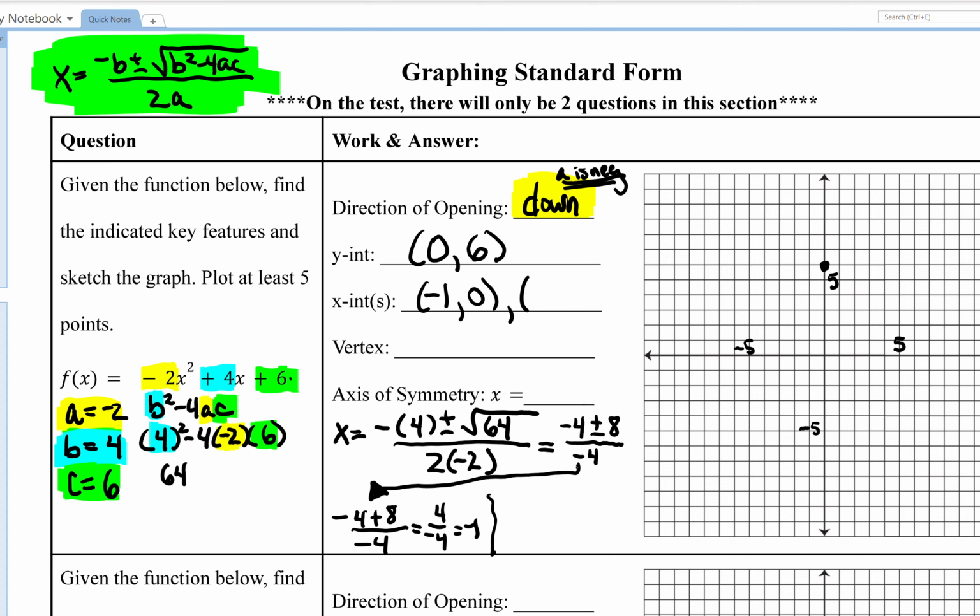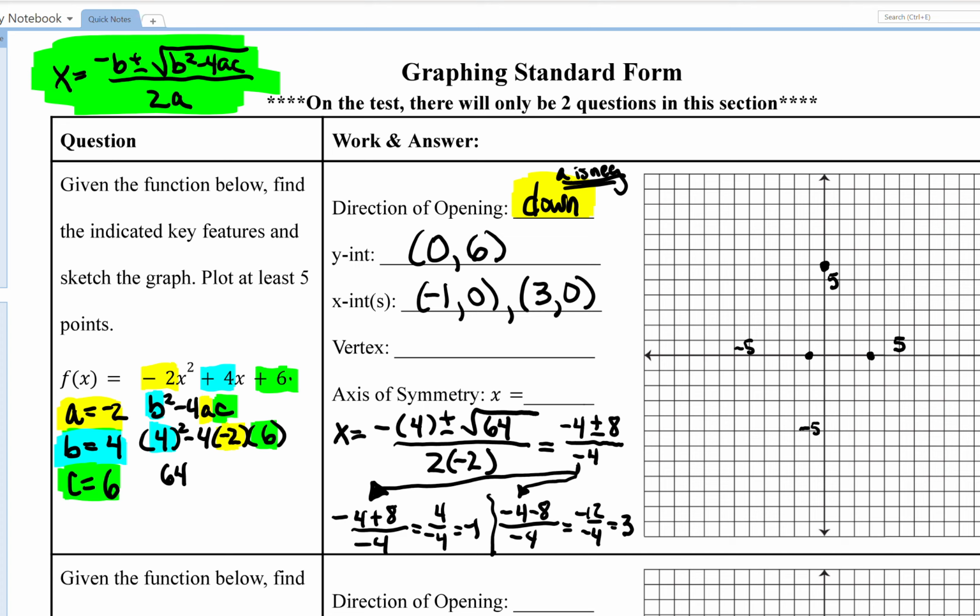The other value is -4 minus 8 all over -4. That would give me -12 over -4, which gives me a +3. So the other one is at 3, comma 0. I'm going to graph those two points, -1, 0, and 3, 0.